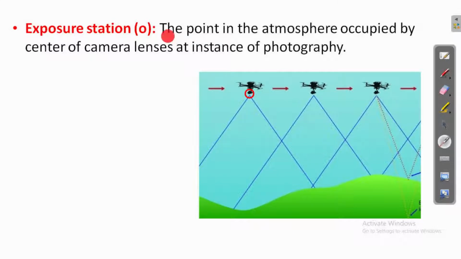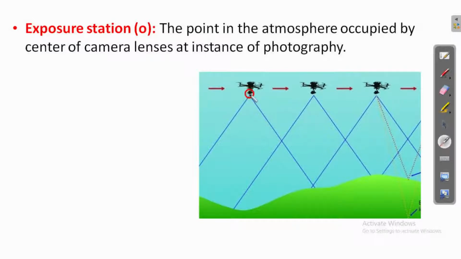Exposure station: the point in the atmosphere occupied by the center of the camera lens at the instant of photography. In this diagram, this place of the camera, when the camera captures photographs of the Earth's surface from the air, is called an exposure station.